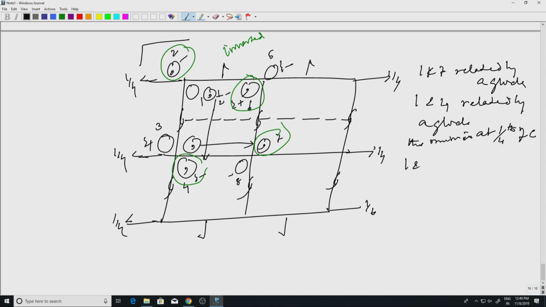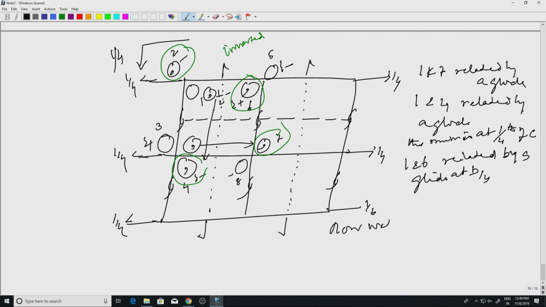Then 1 and 8 related. 1 and 6 are related by a glide at B/4. So this is at 1/4.